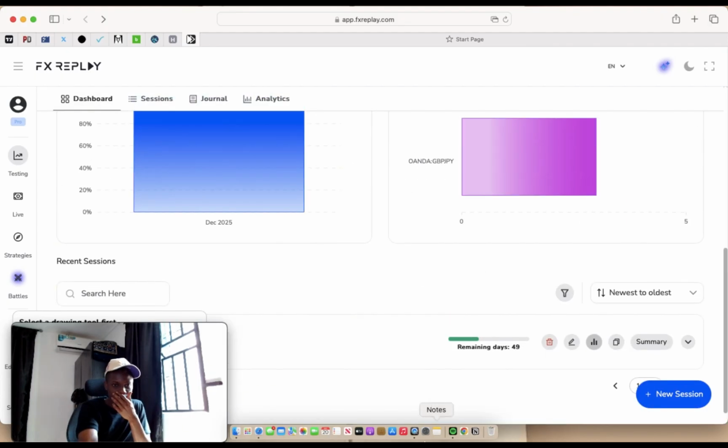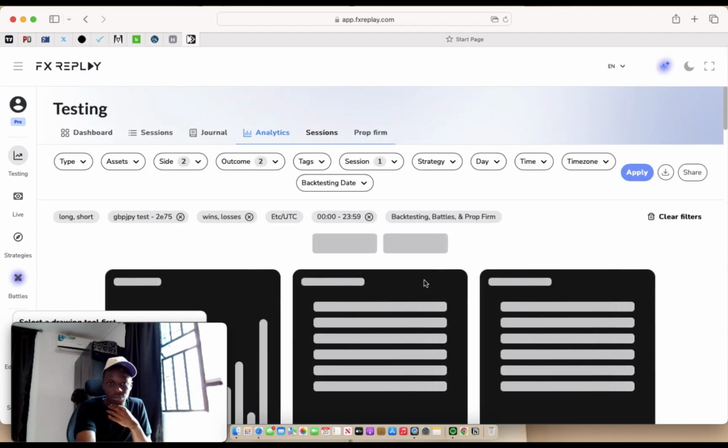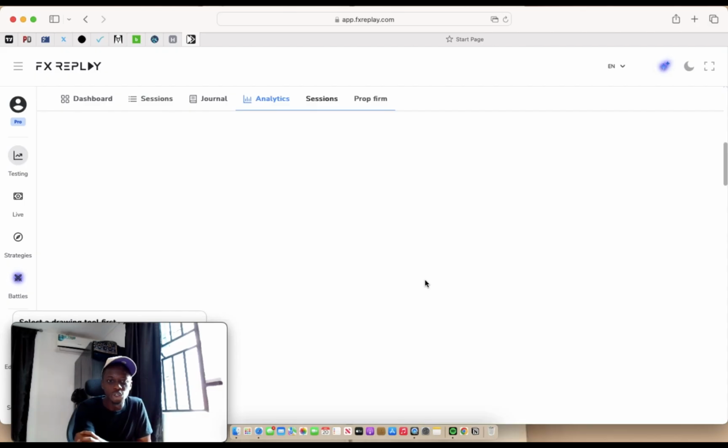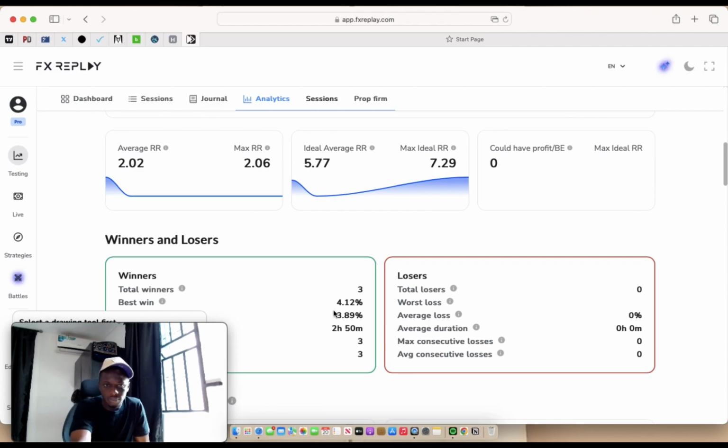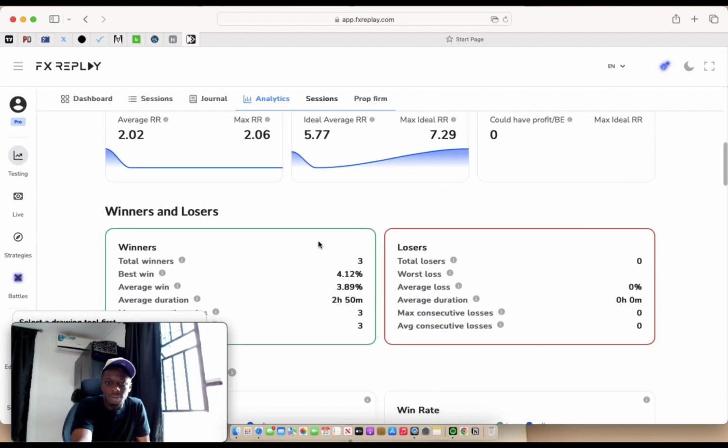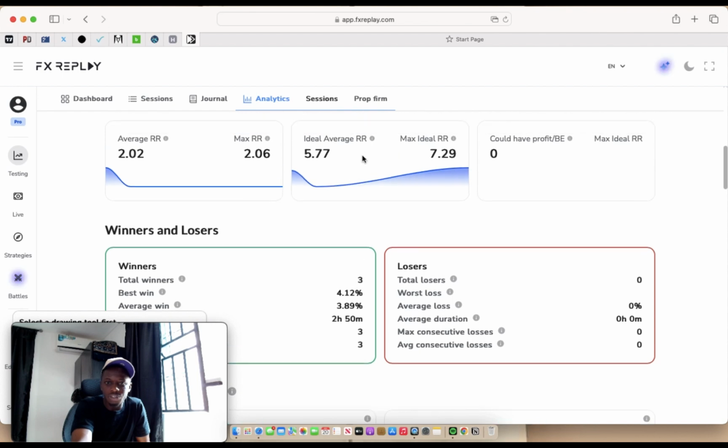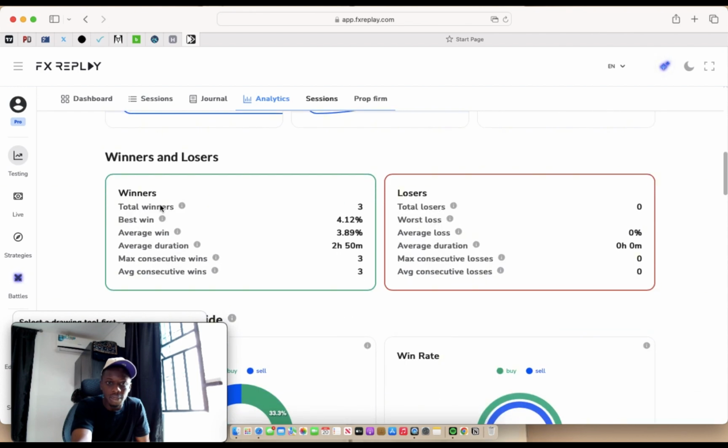Let's do a quick review on this, on the whole low trade frequency month. Alright. Average risk to reward is clear. The only big thing I'm going to look at here, of course, is ideal average risk to reward 5.77, whatever that means.